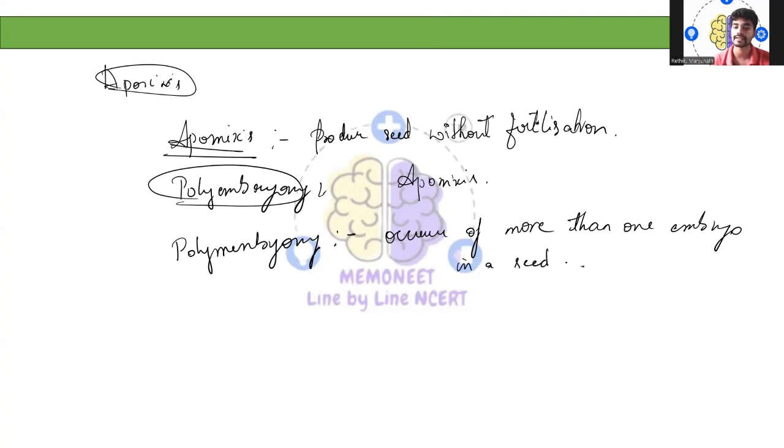That is referred to as polyembryony. Take some examples such as orange, where you will see a number of embryos. So they are called polyembryony. Okay. Even the seeds may differ from one another in shape, size, and so on. So this is all about apomixis and polyembryony.